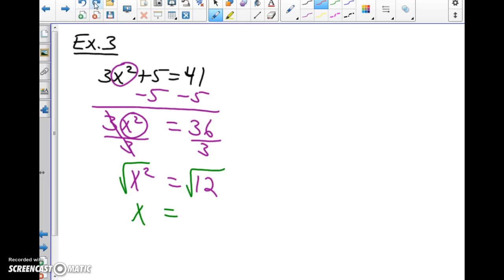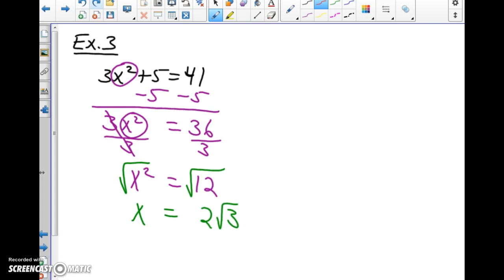So it's a 2, a 2, and a 3. You see a pair of 2s? Circle them and take them out. What do you write on the outside? 2. What's still left over inside? 3. So it's 2 square root of 3. You guys did this last year. You know this.